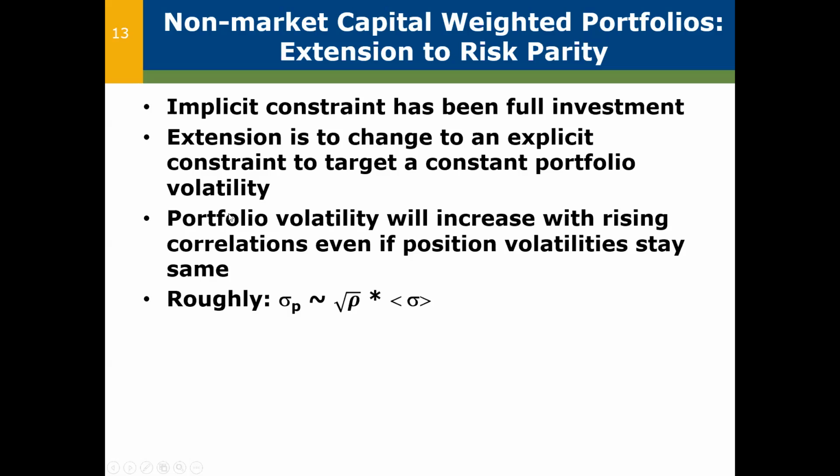And then the other also very powerful idea is that you can apply this at the portfolio level, and that actually, not only do you end up targeting volatilities, but you end up targeting correlations. So what I mean by that is you could target a volatility for, say, equities, and a volatility for fixed income, and run those at a constant volatility, but your portfolio volatility will still vary over time, due to the correlation between equity and fixed income.